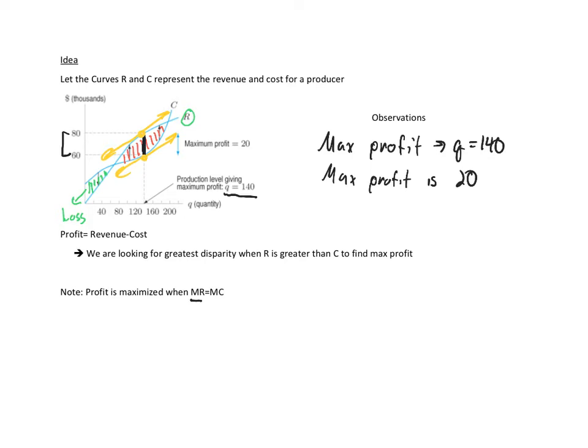The slope of the cost curve is marginal cost. So profit is actually maximized when marginal revenue equals marginal cost. And I should also add, and revenue is greater than cost.